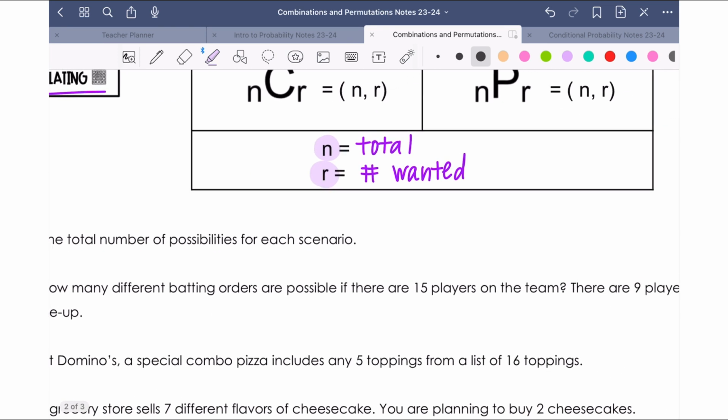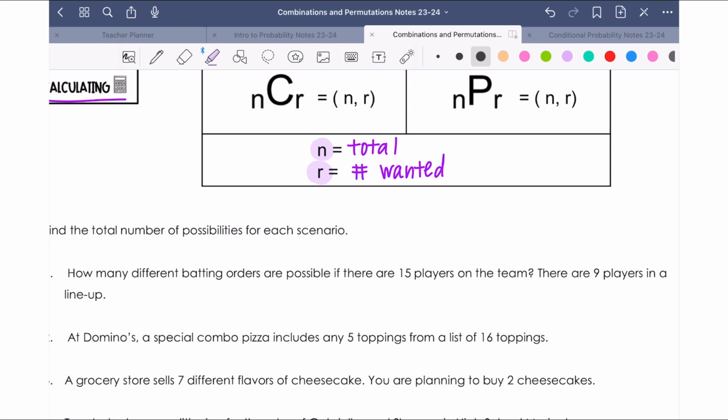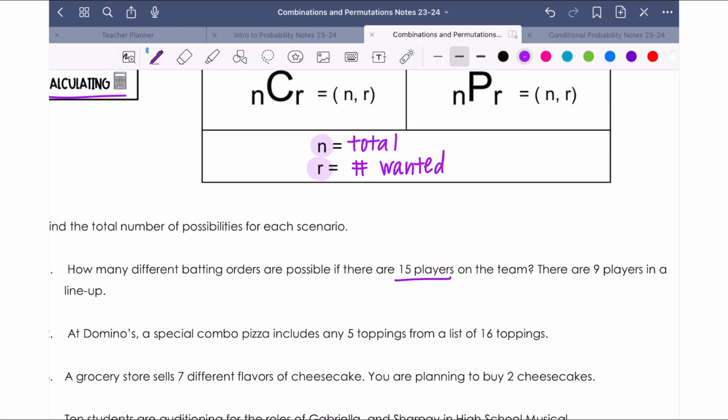So let's do these examples together. How many different batting orders are possible if there are 15 players on the team and there's 9 players in a lineup for a baseball team? All right, so first we need to decide, does the order matter? Does it matter what order they're in? Technically, yes.